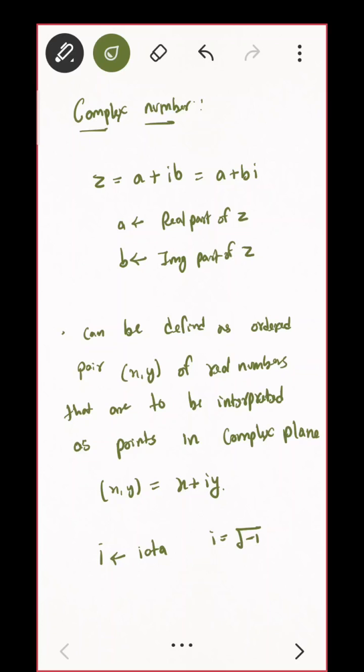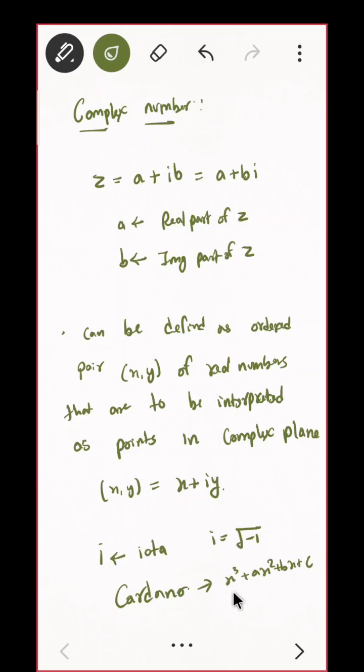And if you ask who found out this complex number, then Cardano is the one who found it. You must have heard about Cardano. He has given you a formula to find the solution of a cubic equation. If you have any cubic equation, say x cube plus ax square plus bx plus c, then he has given you a method to solve this and get the roots of that.